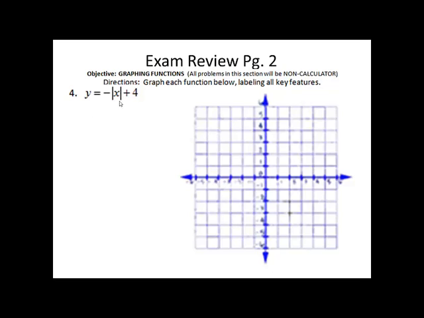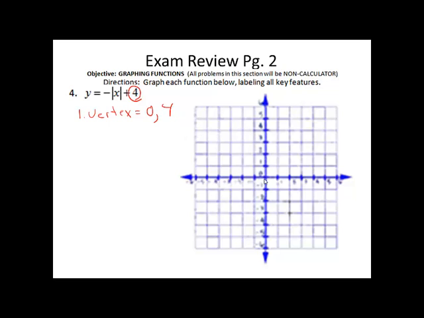That means that the x value for our vertex is going to be 0. And again, the y value for the vertex is that number that's after the absolute value sign, and that is 4. So our vertex is 0, comma 4.